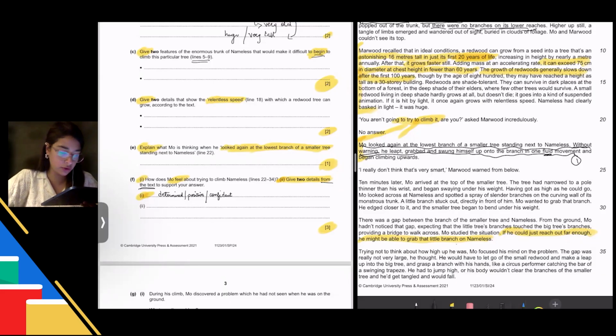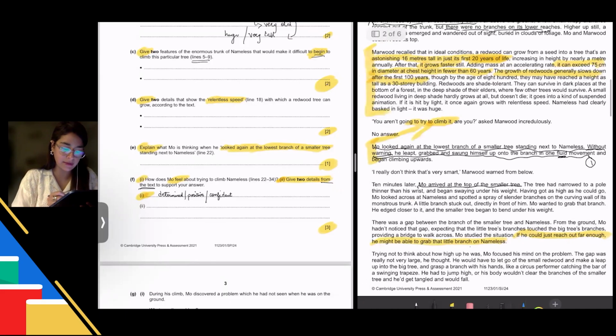Another detail that we could talk about would be how 10 minutes later, he arrived at the top of the smaller tree. So this again shows us that he keeps trying to climb the tree itself. The idea of how he looked across at Nameless and spotted a spray of slender branches on the curving wall of its monstrous trunk shows us that he is not giving up.